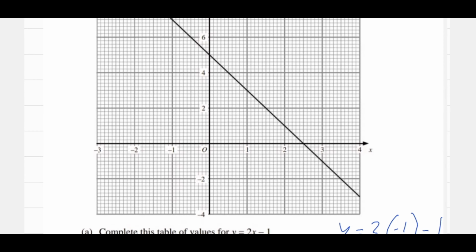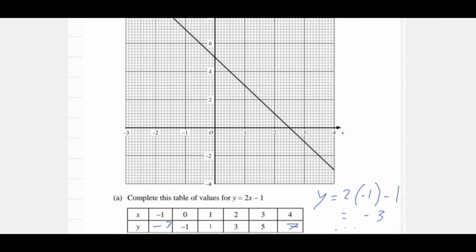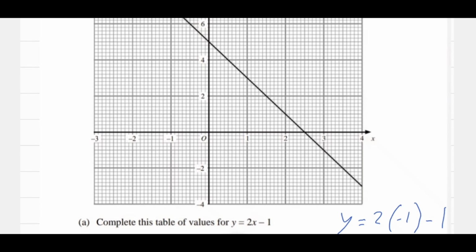The next step we do is plot these points, these coordinates that we've solved and been given to us onto the graph. So the first point is minus 1, minus 3. So you go minus 1 along the x and minus 3 along the y. And that will be our first point.